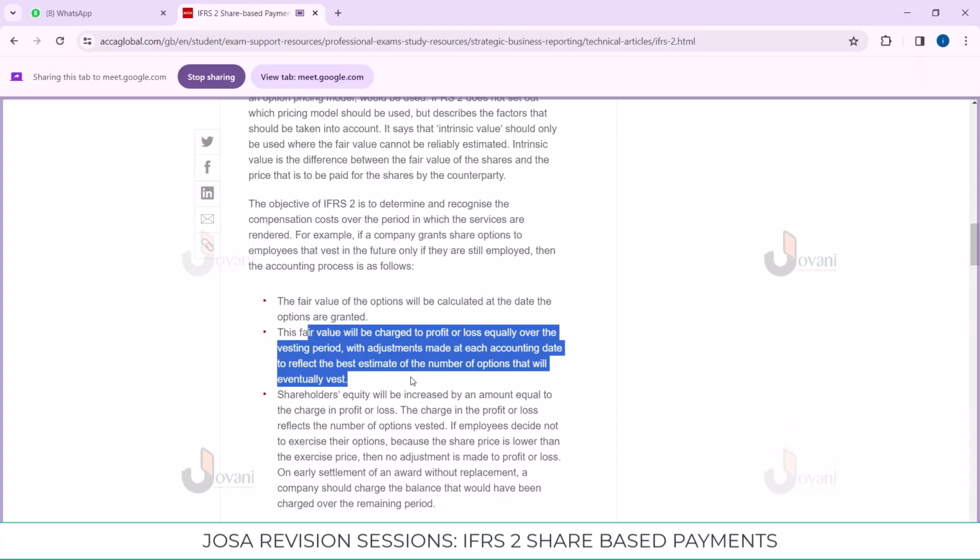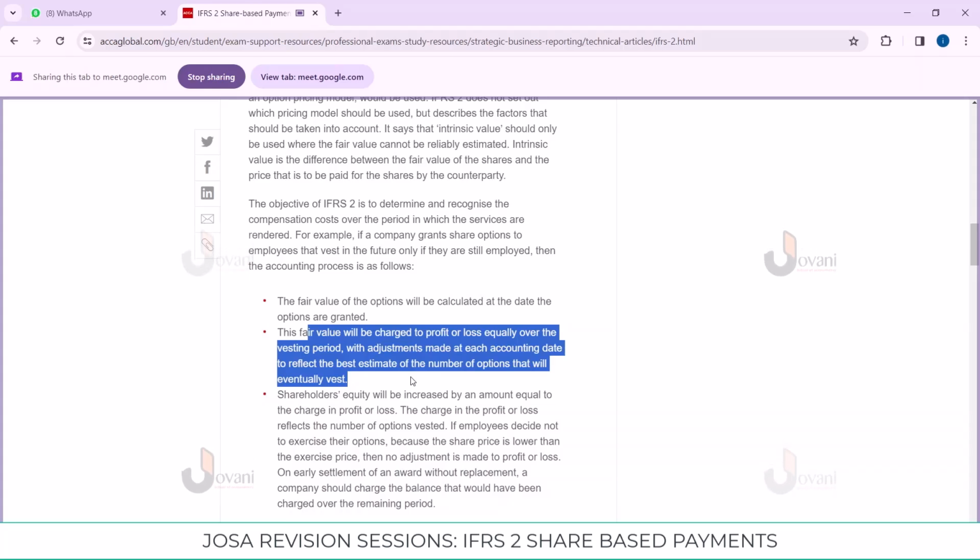And when they leave, it means that obligation has been forfeited because they have not completed the period given to them. So, at each reporting date, you have to review the conditions to see if what you issued will fully be given out at the end of the vesting period.